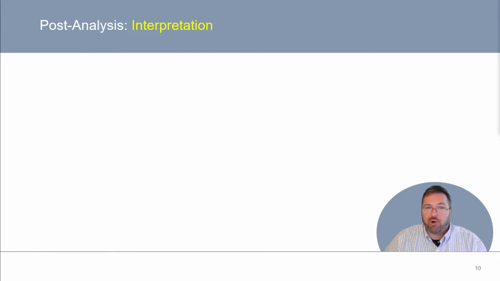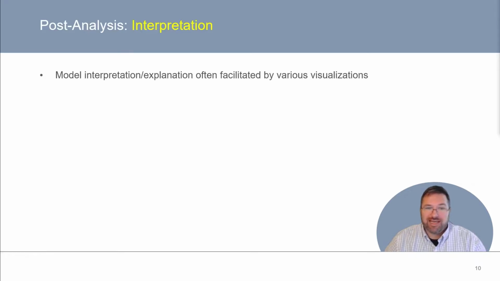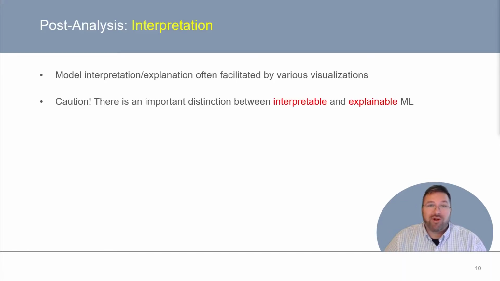As promised in part 4 of this video series, the next element of post-analysis we'll discuss in a bit more detail is interpretation, and how it differs from explanation. First, as it is likely already clear, model interpretation or explanation is often facilitated by various visualizations. However, as we've previously alluded, there's an important distinction between interpretable and explainable machine learning.